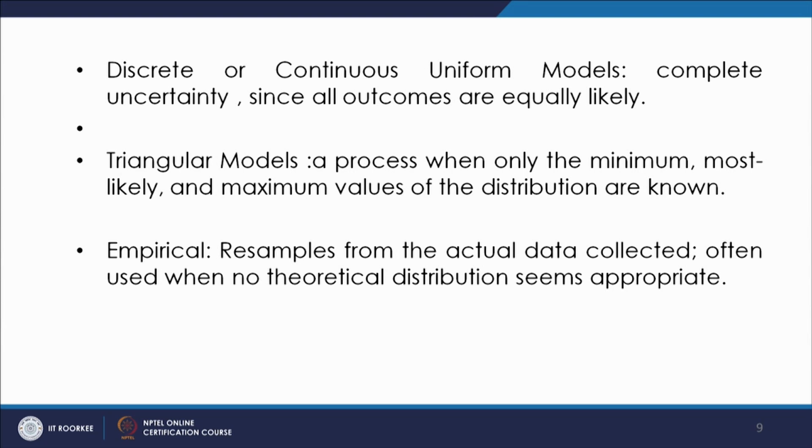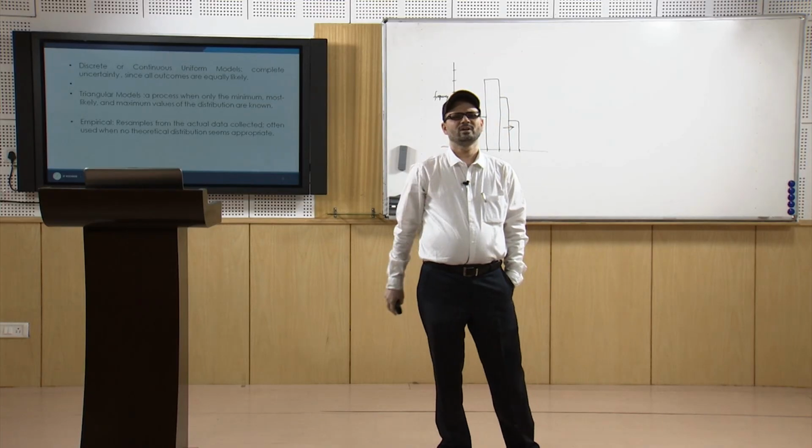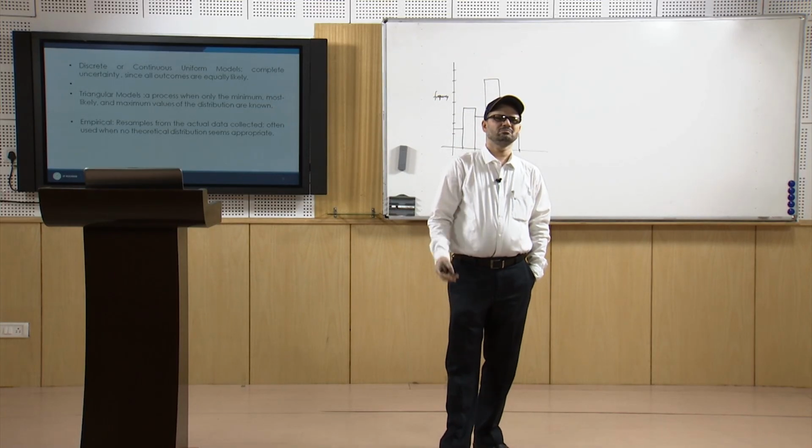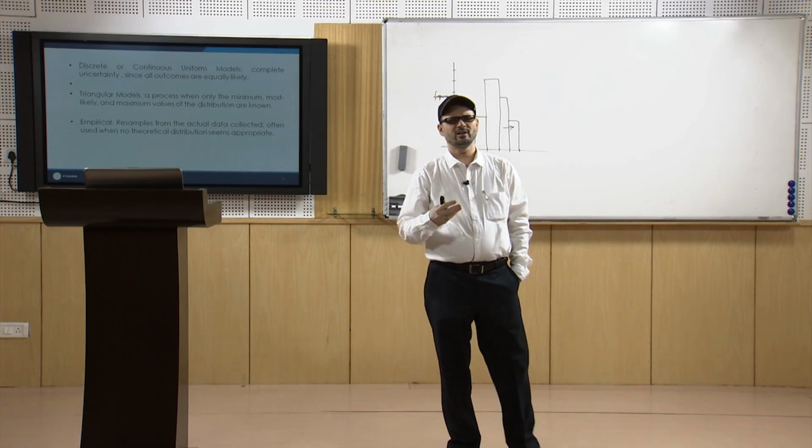Then you may have the discrete or continuous uniform models, used where there is complete uncertainty, since all outcomes are equally likely.